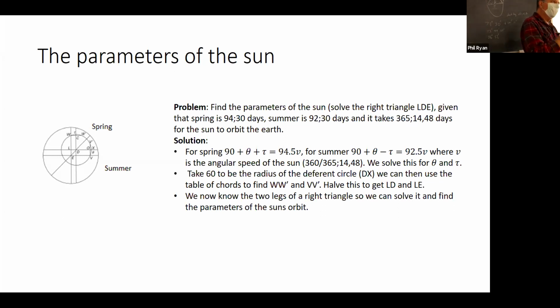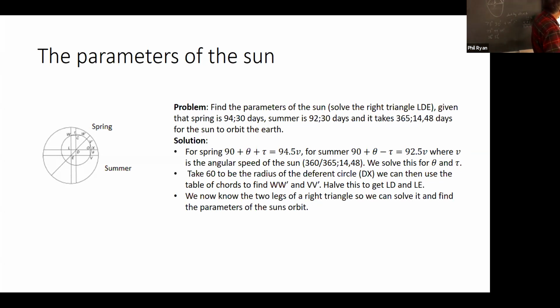They knew the length of the year fairly accurately by taking precise measurements. All you've got to do is measure the length of time between summer solstices, for example, to get the length of the solar year. Okay, so here is the model, right? Here is spring, here is summer.